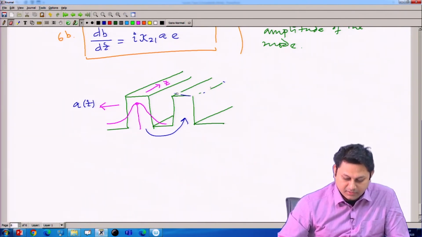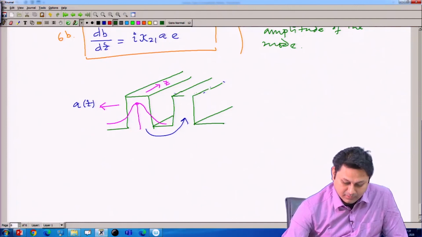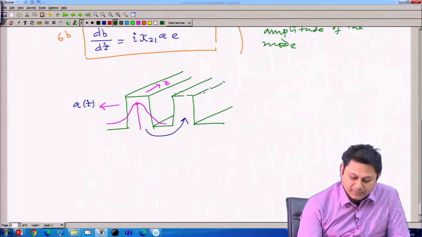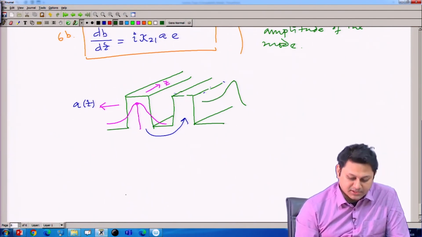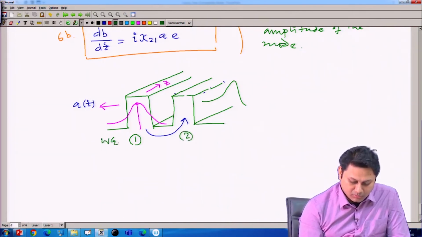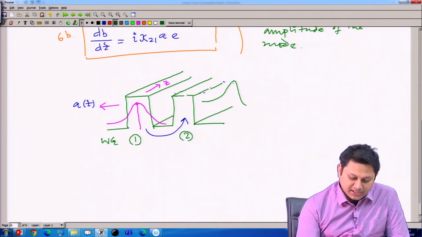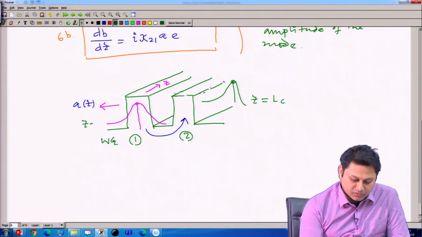I can have some energy here during the propagation. Initially, I do not have anything here in the waveguide. So, this is waveguide 1 and this is waveguide 2, WG1 and WG2, and gradually it is going to change, and I will have something here at some point, say at z equal to some distance, say LC. This is z equal to 0.